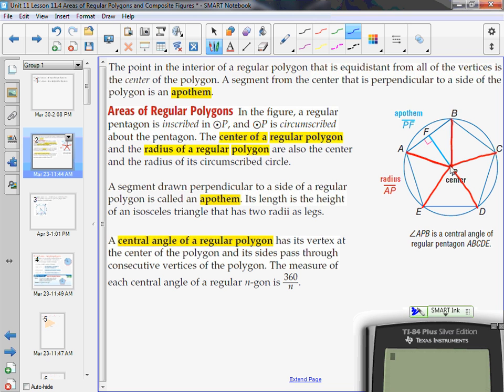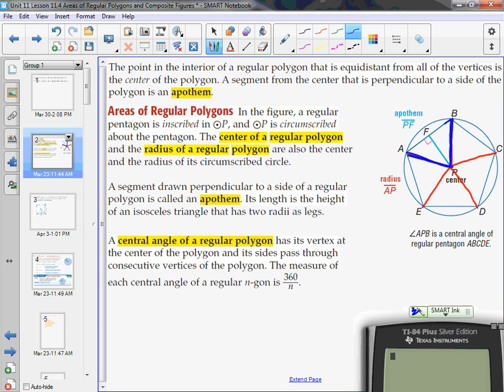When you put together 2 radii, if that was just a circle and the pentagon wasn't there, we'd call that a central angle, wouldn't we? We call that the central or a central angle of the polygon as well. Okay?